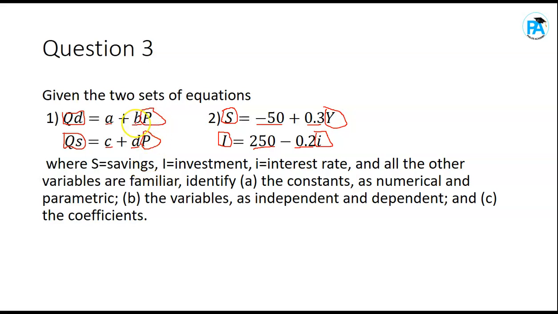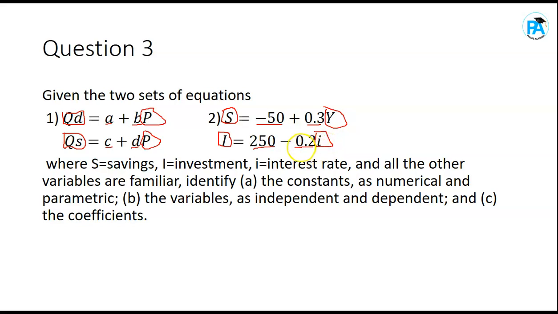Now, you see those constants that are affecting the independent variable, those constants are called coefficients. So b, d, 0.3 and negative 0.2 are coefficients of the independent variable.